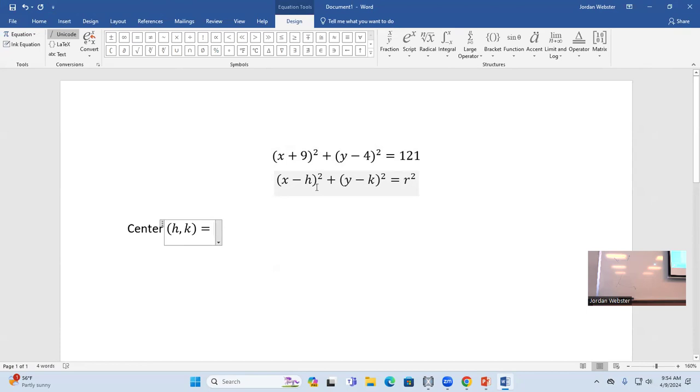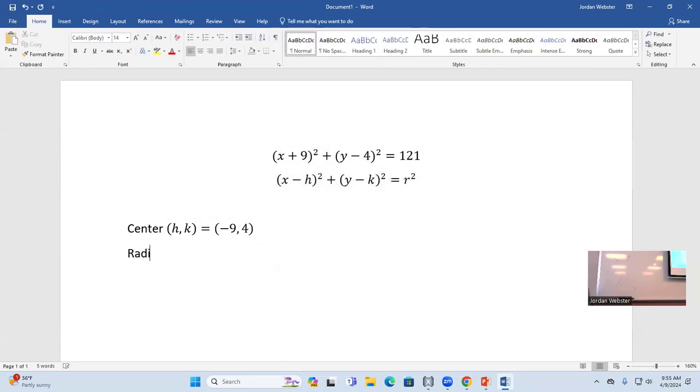So because my circle starts in the format that I like, I can immediately read off that the H must be a -9 and the K must be a +4. Be careful about that. A lot of times people will mistakenly put a +9, but the format is (X minus H) squared, (Y minus K) squared.